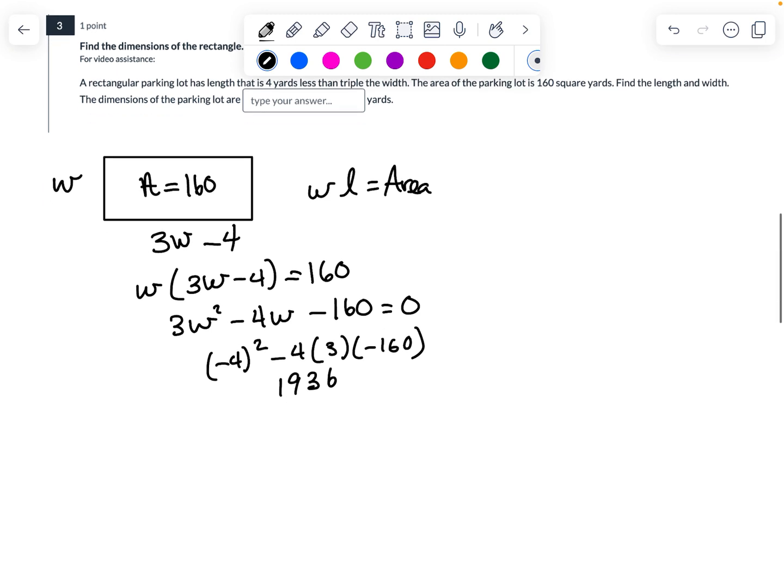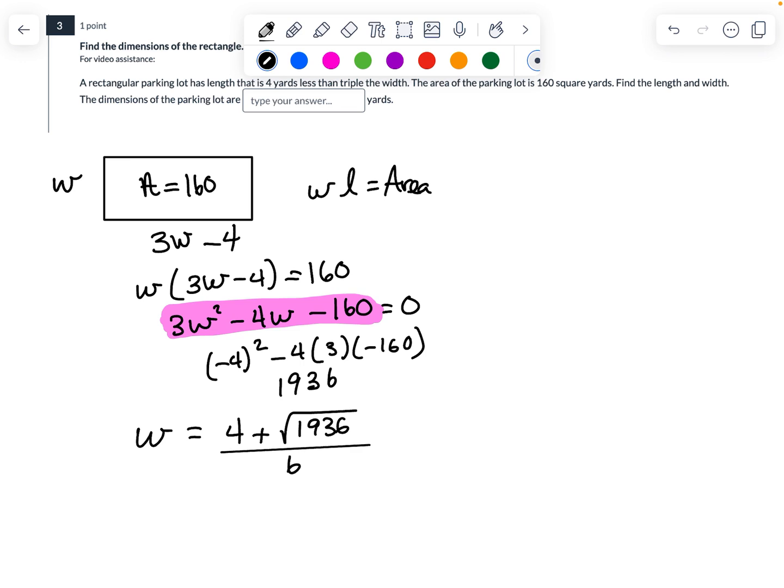So then the quadratic formula is W equals, I'm going to highlight this so I can find it. W equals the opposite of B plus the square root of the discriminant divided by twice A. 1936, 4 and 6.